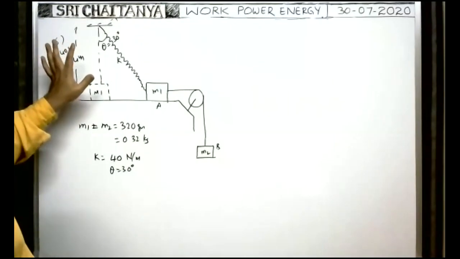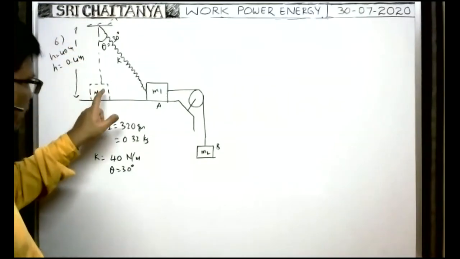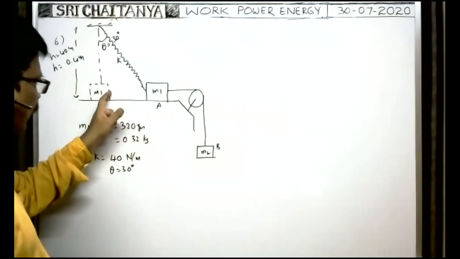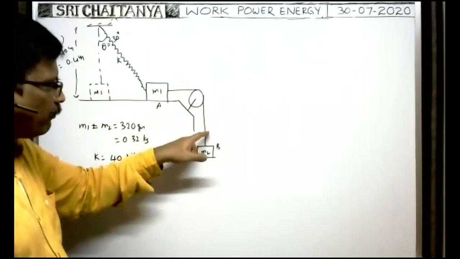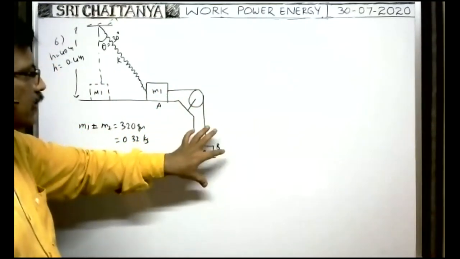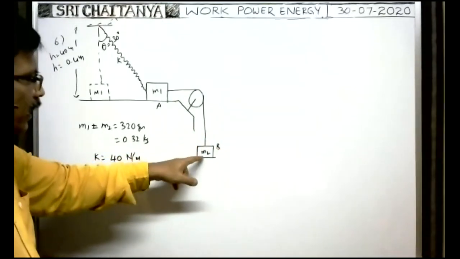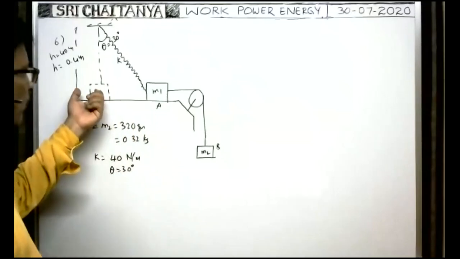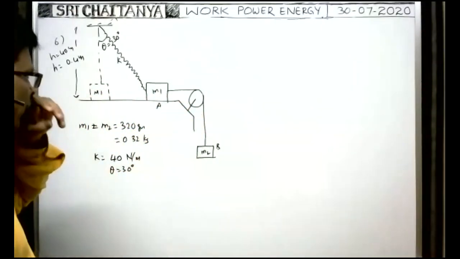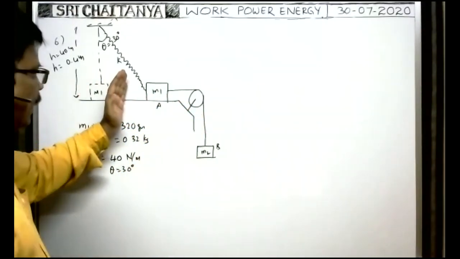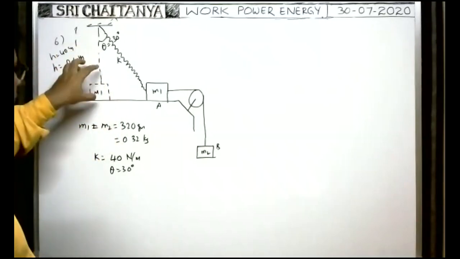One end of the string is connected to the block, the string passes over the light frictionless pulley, and the other block is fixed here. When you release this lower block M2, immediately this block is pulled in this direction.